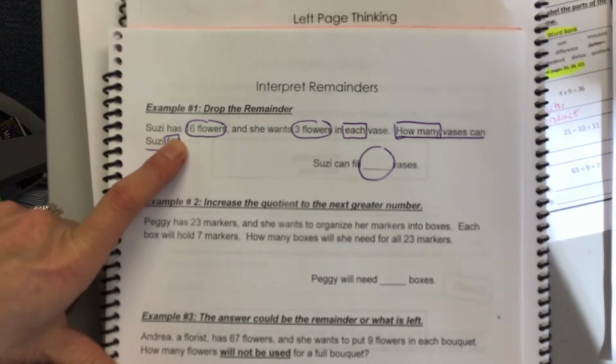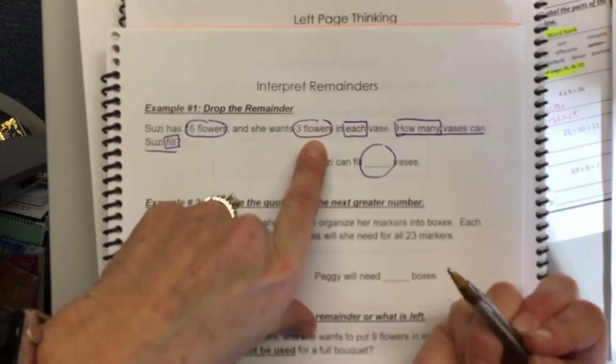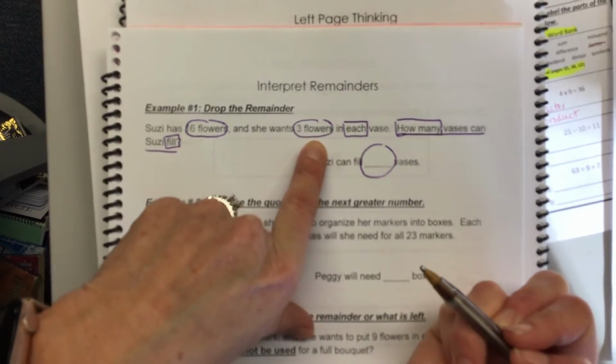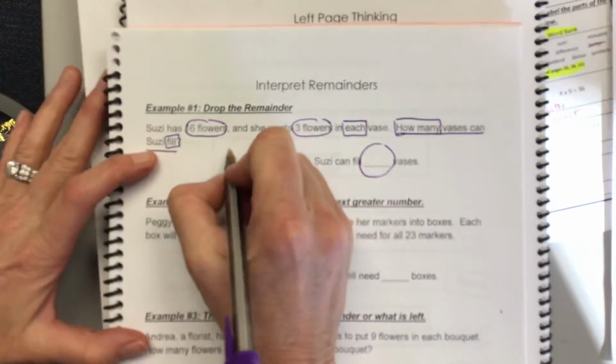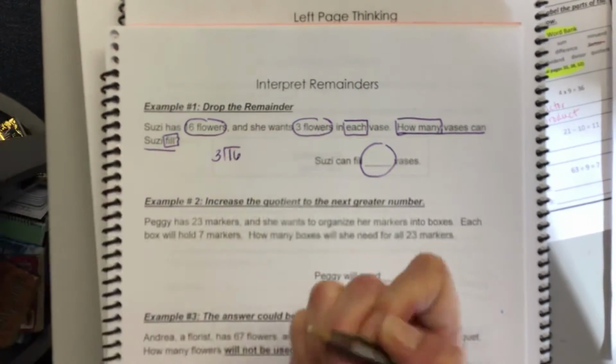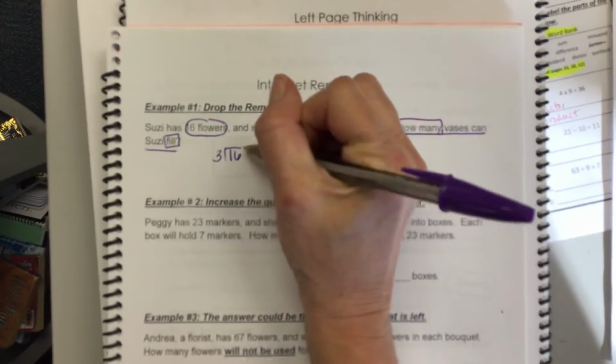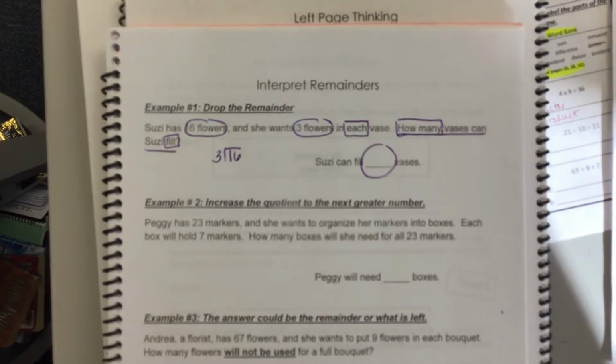So 16 divided by 3. So she has 16 flowers and she wants 3 in each vase. Okay, that means I need to do 16 divided by 3. We should not even really have to do the Fantastic 7. How many times can 3 go into 16 without going over?